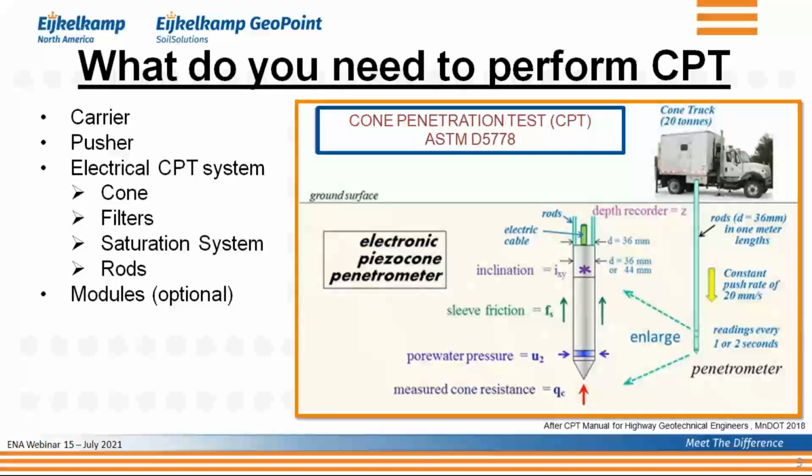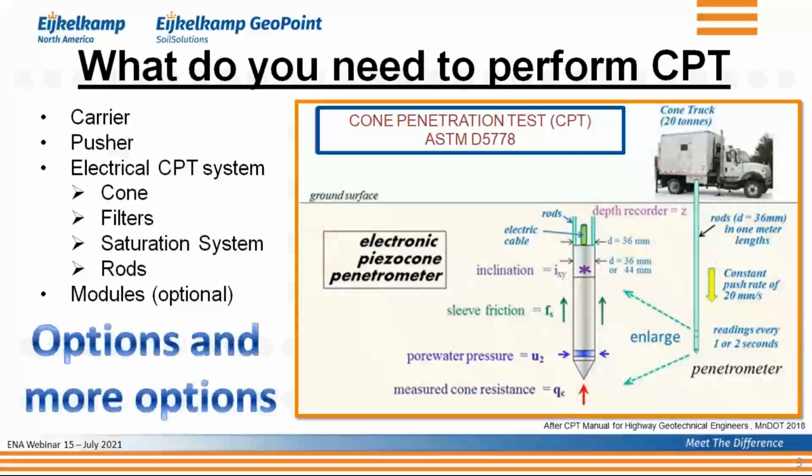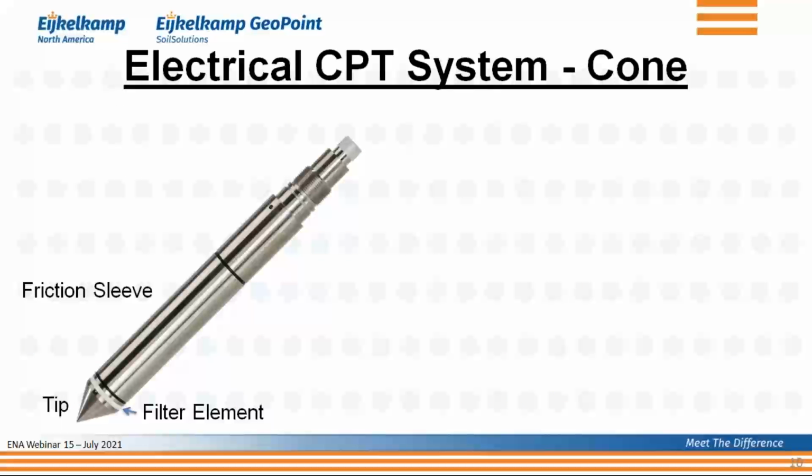There are all kinds of options, and give us some guidance on those options. The item that I want to focus on today is the cone, because that's really where you have lots of options and what is the most appropriate cone selection for a specific application.